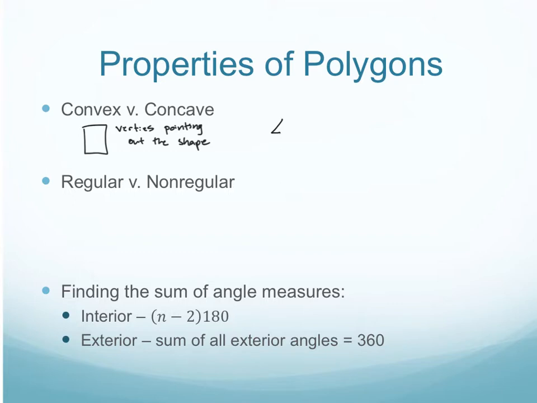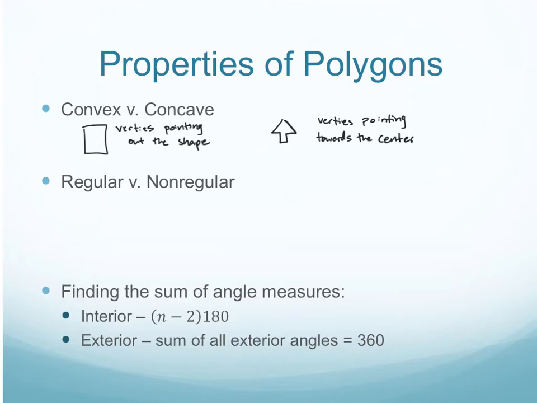Whereas if, say, I had this arrowhead, this would be a concave shape because there's two vertices that are going inside of the figure, towards the center. I'll use that wording, towards the center.